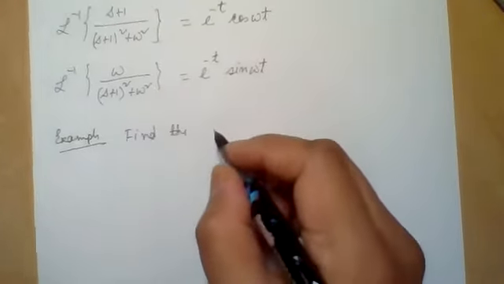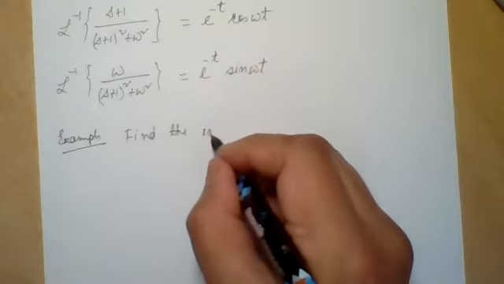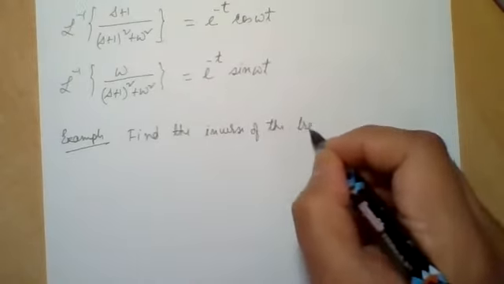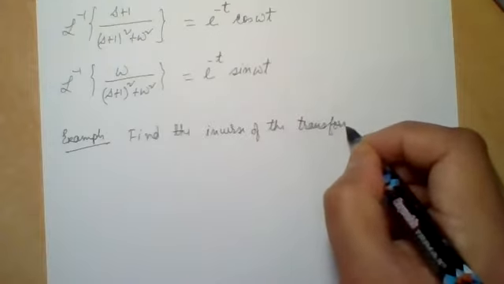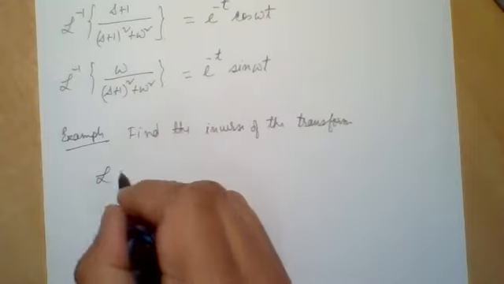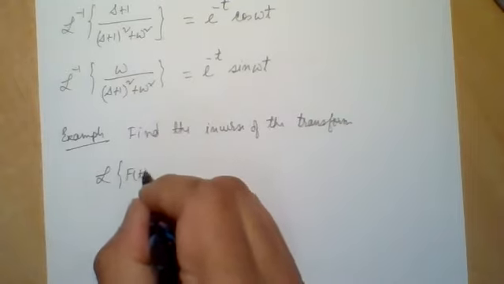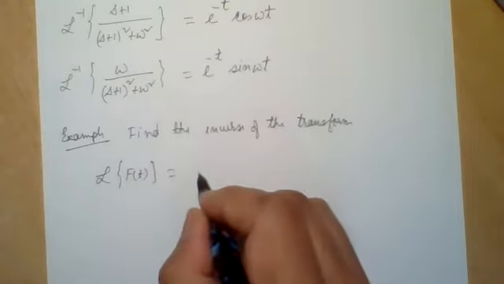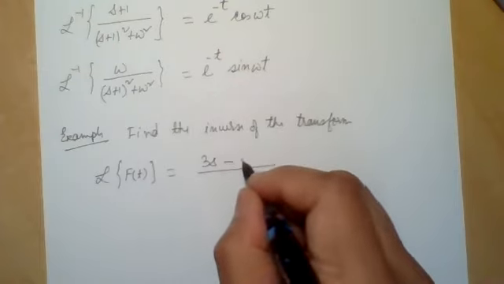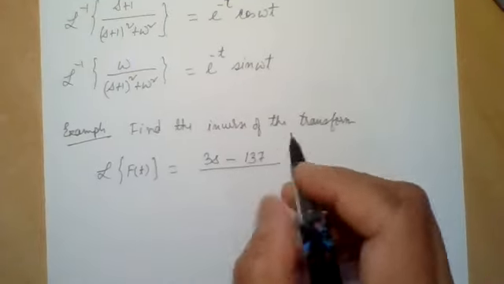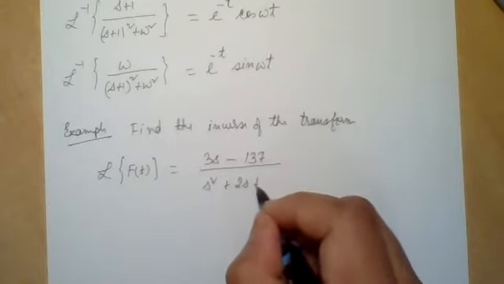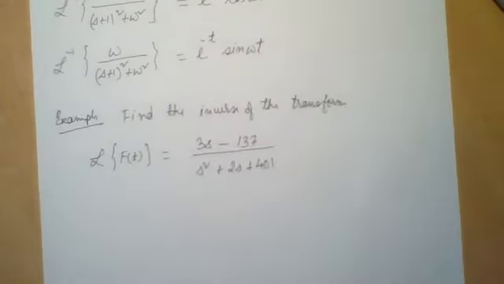Find the inverse of the transform (3s minus 137) divided by s square plus twice s plus 401.